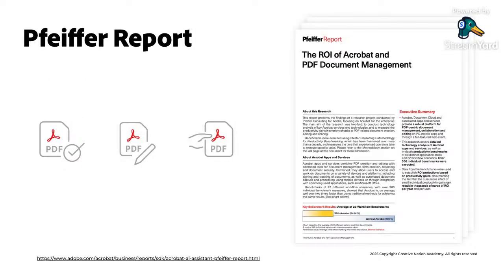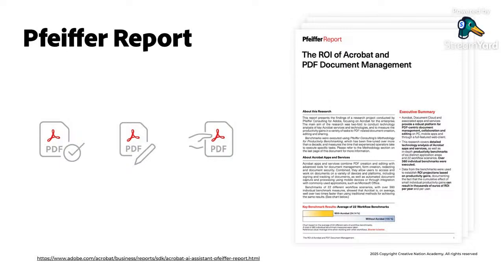One report also that I would like to share with you is from Pfeiffer. I got the link here at the bottom. You can easily check it out, or you can just Google it, as you would see here.